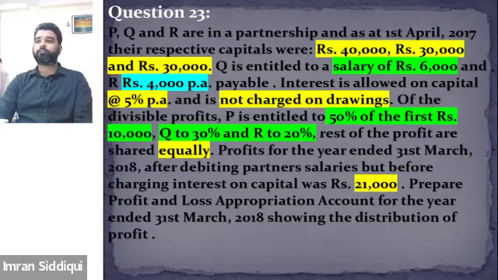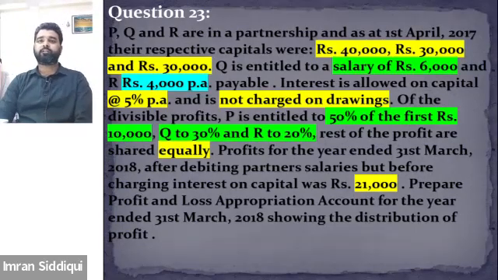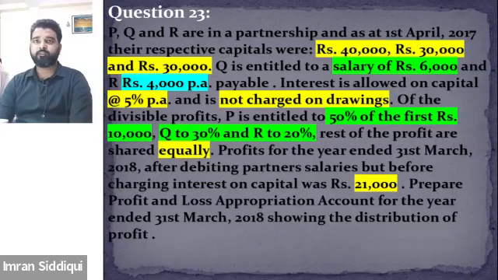Let me know whether we have completed this question or not. P, Q and R are partners, and as at 1st April 2017, the respective capitals were 40,000, 30,000, and 30,000. Have we completed this one too? No, sir. Okay. All right, so we will be starting our session with question number 23.